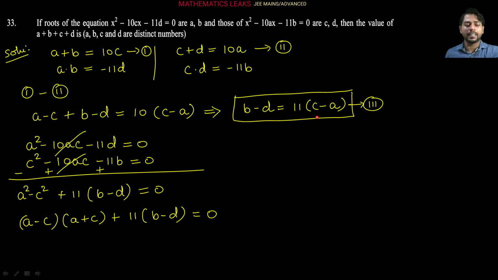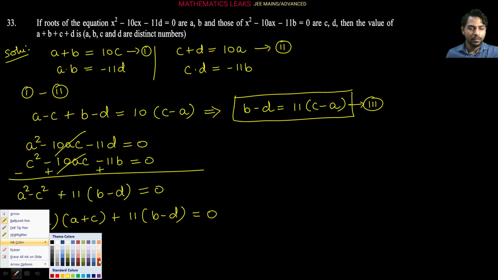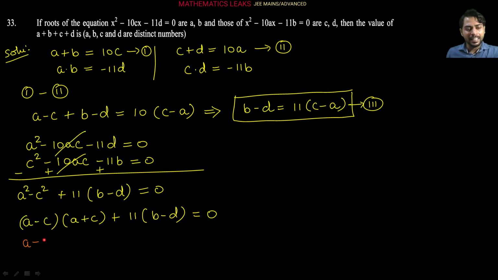So we will get a minus c into a plus c, plus 11 times b minus d. B minus d is also 11 times c minus a, so into 11 times c minus a, right, is equal to 0. We are basically going to divide this equation by c minus a.